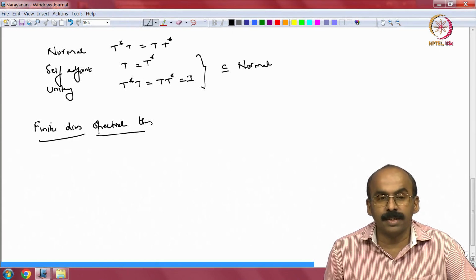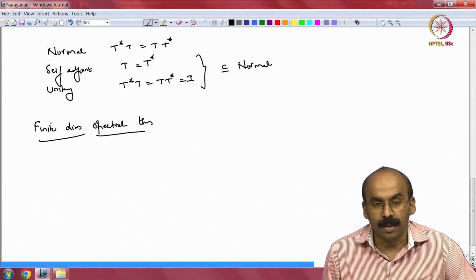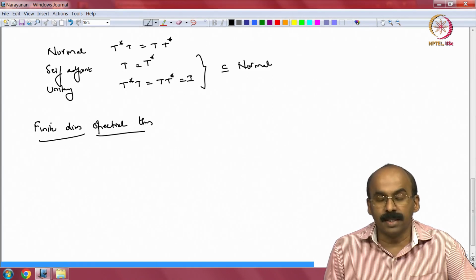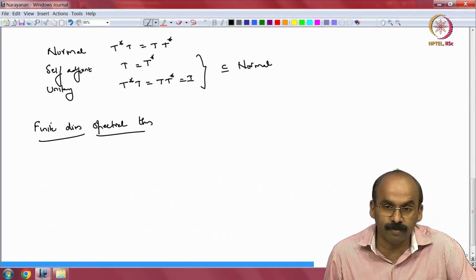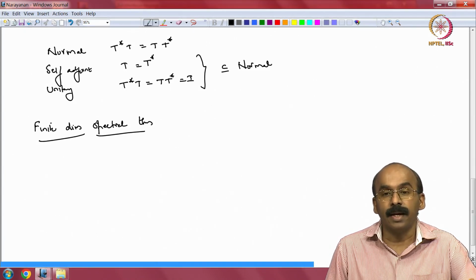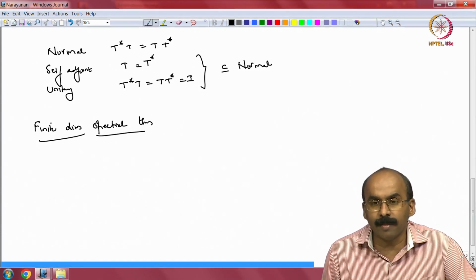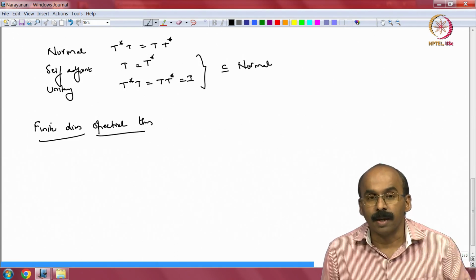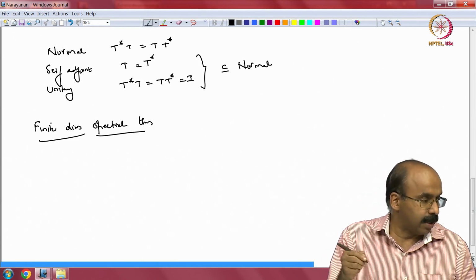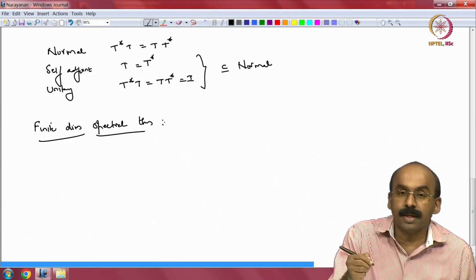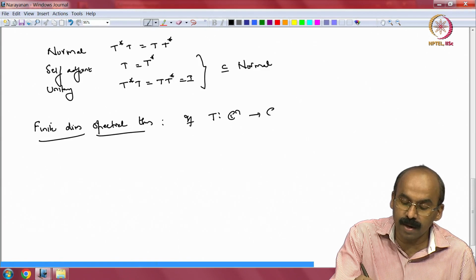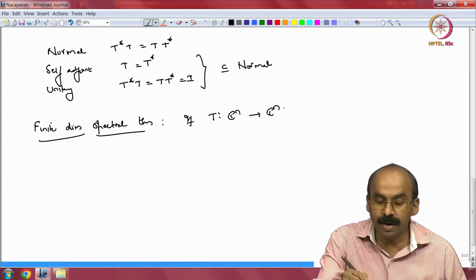So, diagonalization means that there exists an orthonormal basis with respect to which this particular linear transformation looks like a diagonal matrix. A diagonal matrix is very easy to deal with, and so this is one of the important theorems in finite dimensional cases. So, let us write down that if T from Cn to Cn is a normal linear transformation.